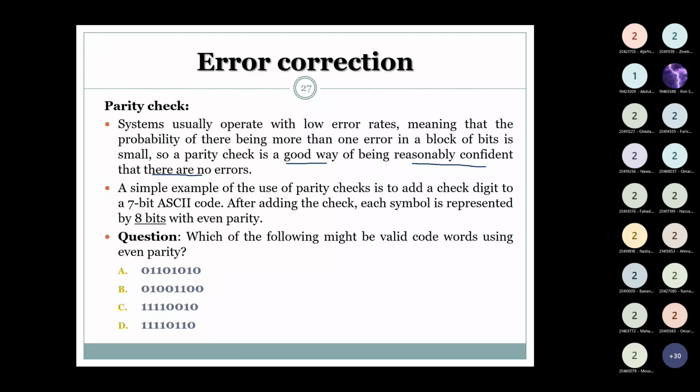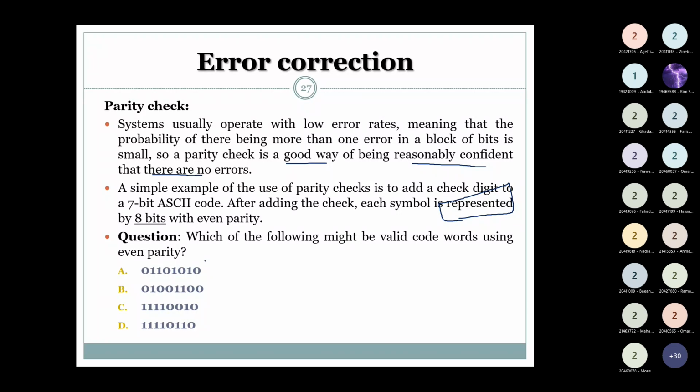So a parity check is a good way of being reasonably confident that there are no errors. So look at this example. A simple example of the use of parity is to add check digits to a 7-bit ASCII code. After adding, each symbol is represented using 8 bits with even parity. Which of the following might be valid code words using even parity?